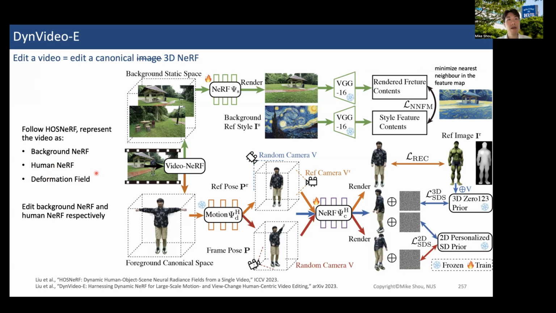The idea is that we have a canonical space only for the foreground, and it's really a 3D space, characterized and represented by a NeRF. And also we have the motion, basically the deformation field, that tells us how to transfer a pixel in the canonical space, according to some motion, to another specific time frame.